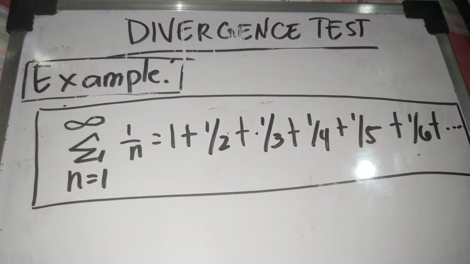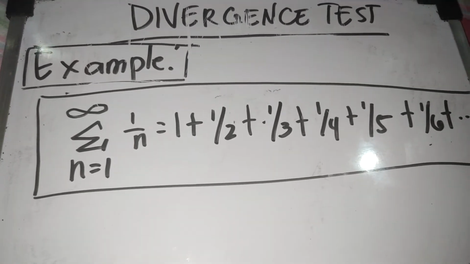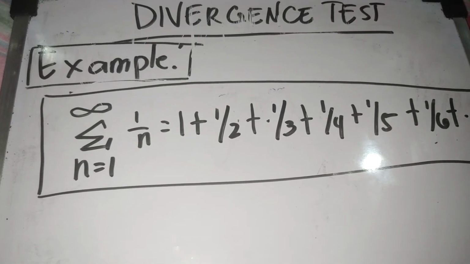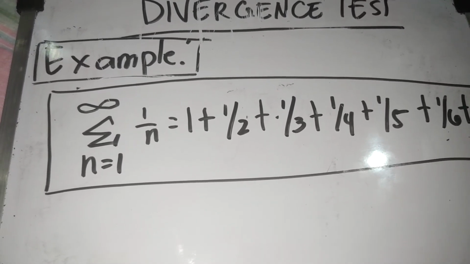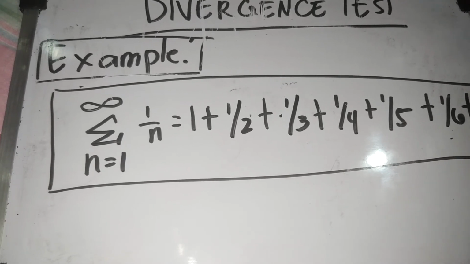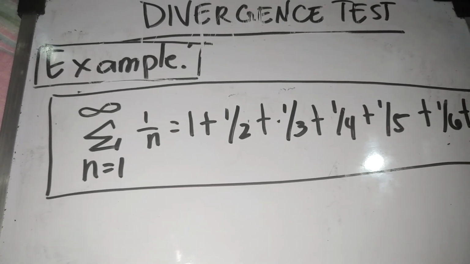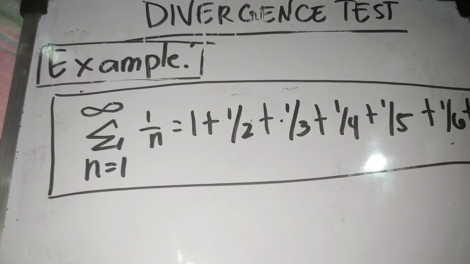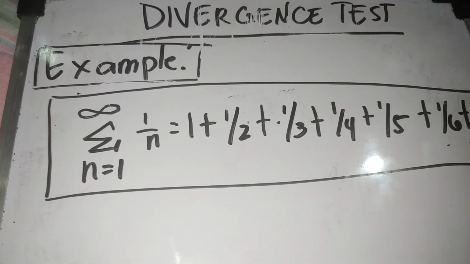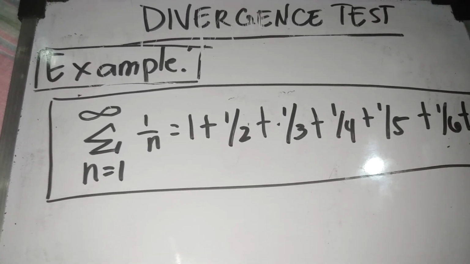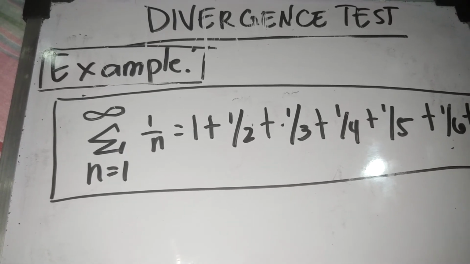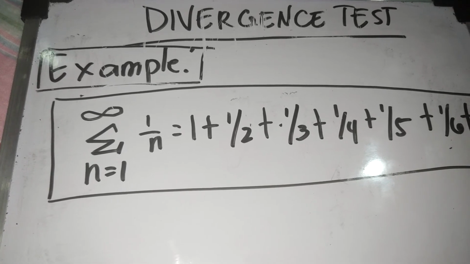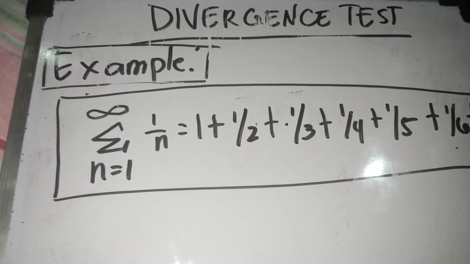Now, this particular series is known as the harmonic series, and if you list out the terms, when n is 1, it's just going to be 1. When n is 2, it's 1 half. When n is 3, 1 over 3, and so forth. Now, if you keep adding these values, you realize that they will not converge to a specific value.